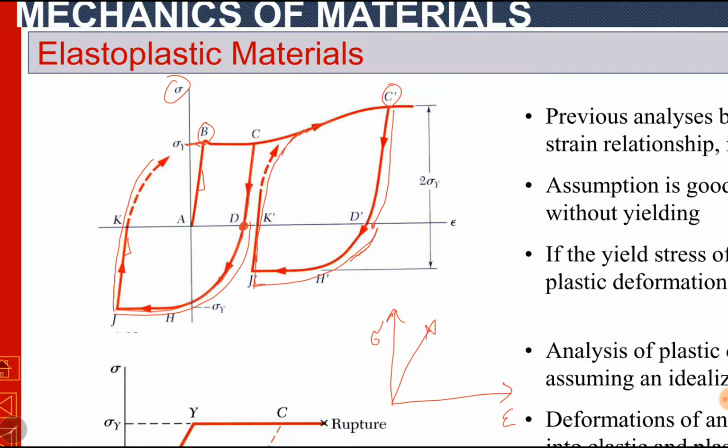Residual strain exists in a material in the absence of external load. This strain is caused by loading and unloading the material beyond the yield limit. So there is a permanent strain in the material which is called residual strain, and this residual strain causes a residual stress in the material.